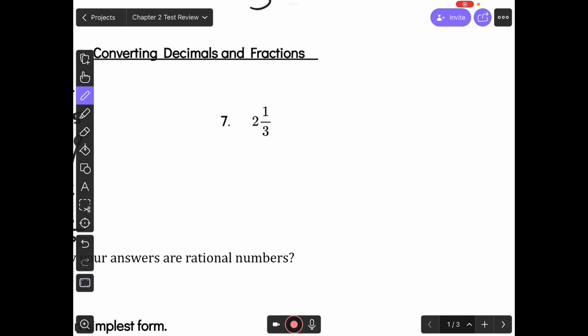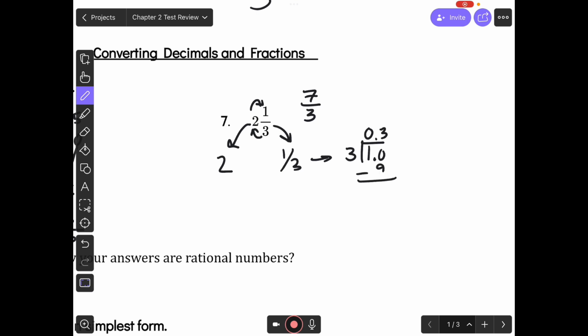Number 7, 2 1/3. There's a couple different ways we can do this. We can turn 2 1/3, a mixed number, into an improper fraction, or we can also just separate the whole number and the fraction. I prefer to separate them because then I'm just working with a smaller fraction. 1 would go inside, 3 goes outside. 3 does not go into 1, so I would add a decimal and a 0 to the tenths place. 3 goes into 10 3 times.